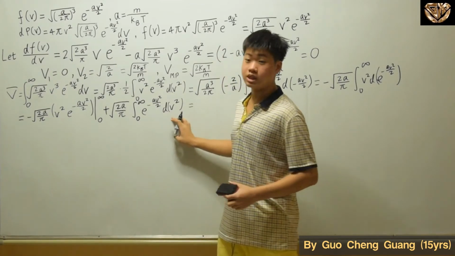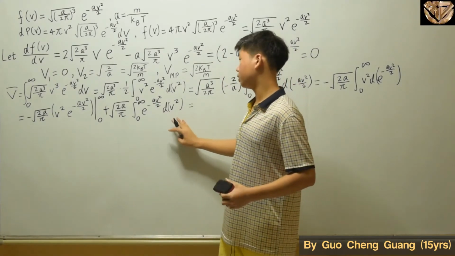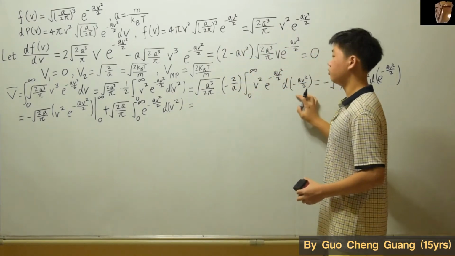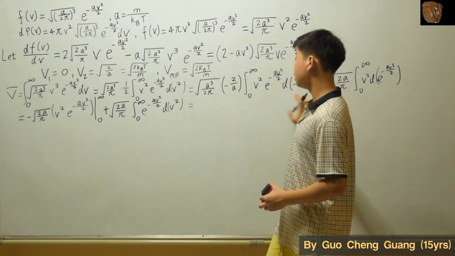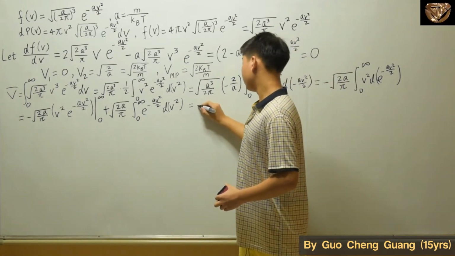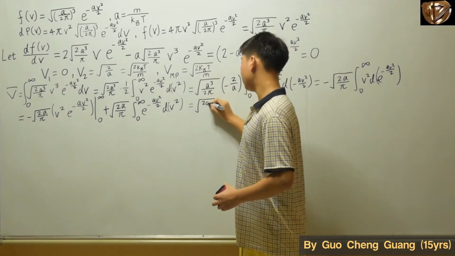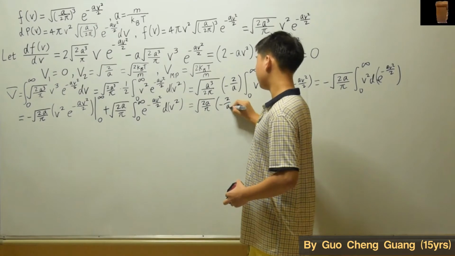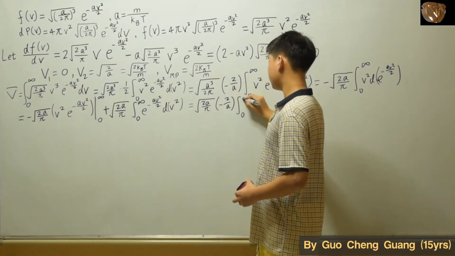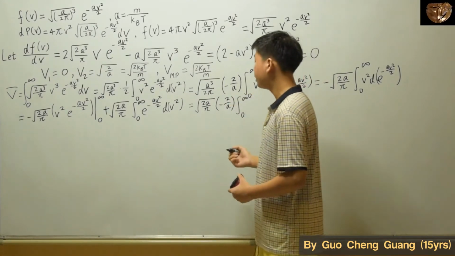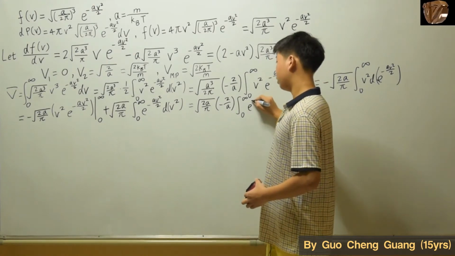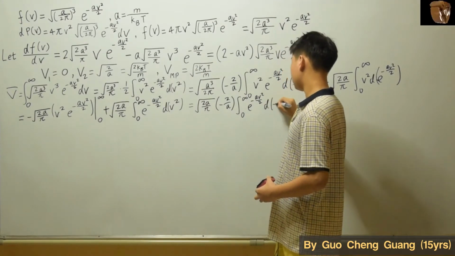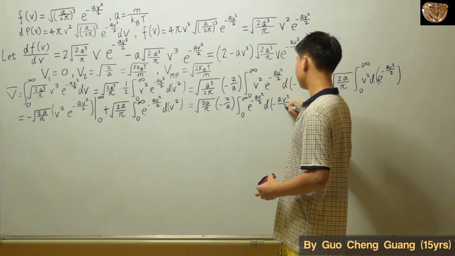Then we can do the same again. Now what do I mean by the same? Of course you can change this into this form here. So you have square root 2a over pi, negative 2 over a, integrate from 0 to infinity e to the power of negative av square over 2 d negative av square over 2.